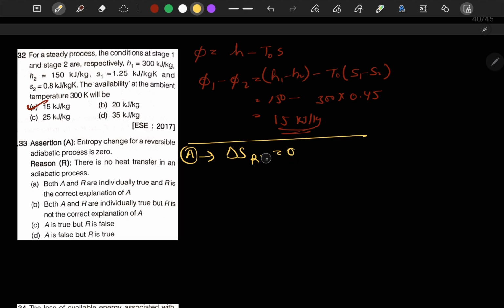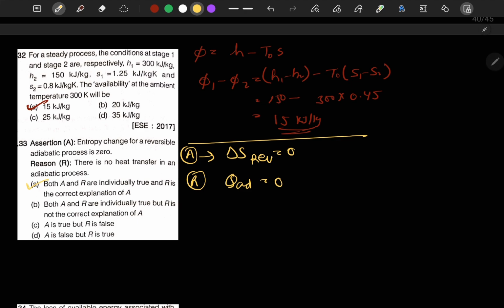Reason: it is given that there is no heat transfer in the adiabatic process. This is also correct, Q adiabatic is equal to 0. Since it is an adiabatic process, we can say that the reason is correct, and it is the explanation for the assertion.